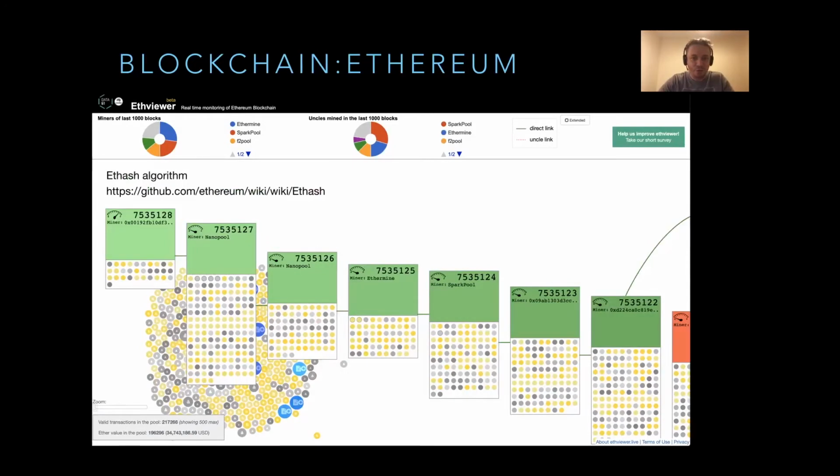If you want to know more about how these are created, take a look at ETH Viewer, and take a look also at the ETH hash algorithm on GitHub. But also you can take a look at the pools of nodes of miners that compete to create the next blockchain, the next block.